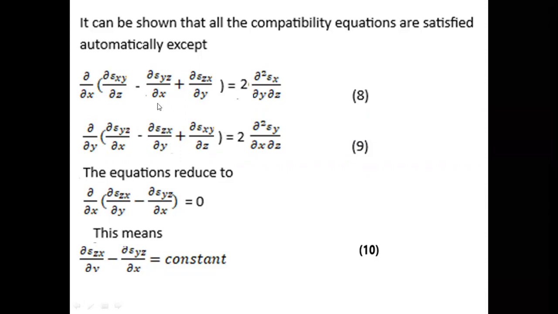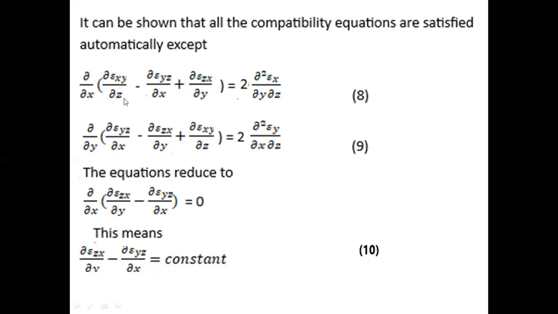In equation 8, we have del by del x, del epsilon xy by del z minus del epsilon yz by del x plus del epsilon zx by del y is equal to 2 del square epsilon x by del y del z. Here, if you see carefully, the first term is epsilon xy, and we know it is 0 in this case.